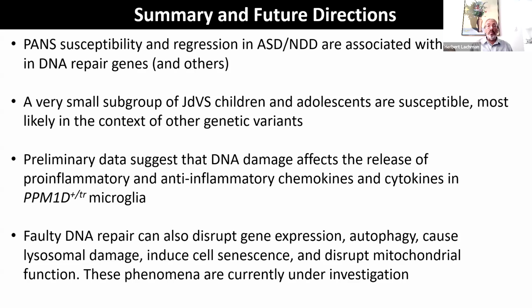We've only found 3 so far. And as I mentioned earlier, it's rare because it most likely occurs in the context of other genetic variants occurring in combination with the truncating mutation. And preliminary data show that DNA damage might affect the release of pro and anti-inflammatory cytokines and chemokines.